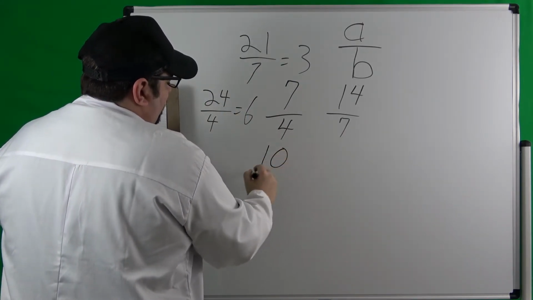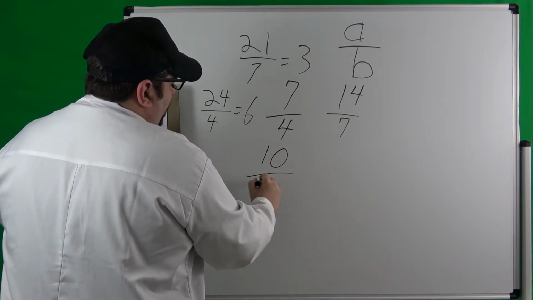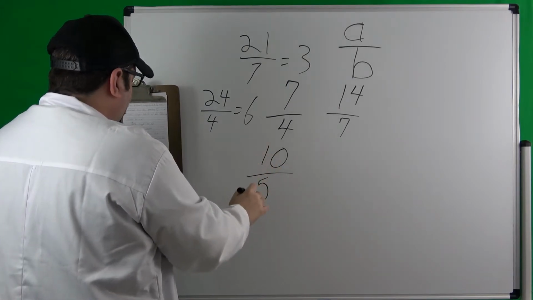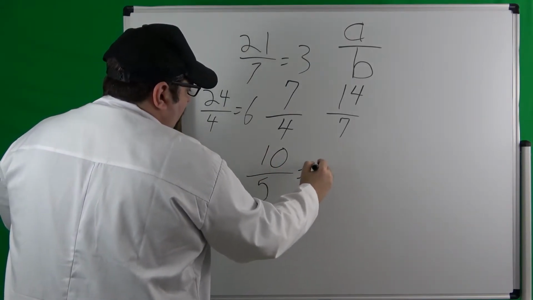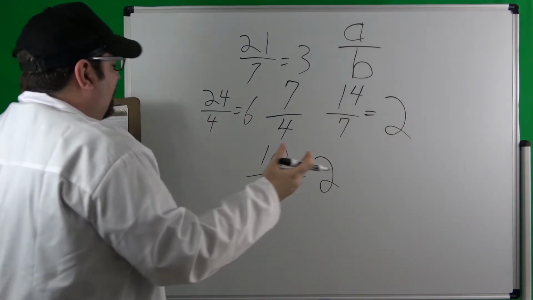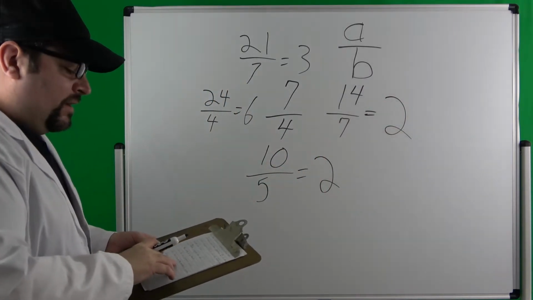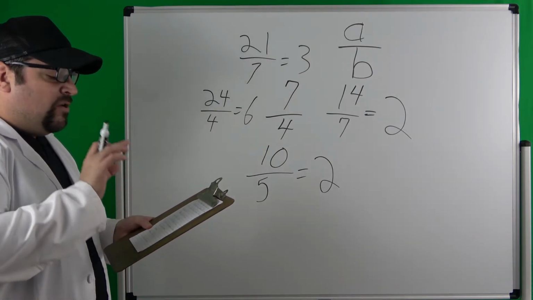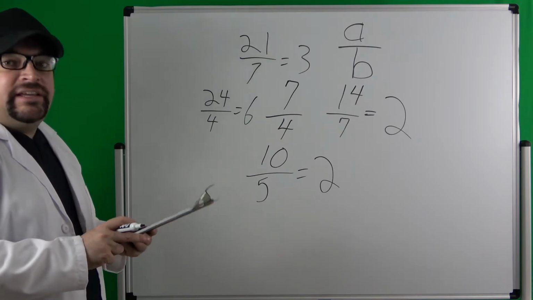What about this? 10 over 5, which is actually the same thing I did up here, but there's an even and an odd, and that also gives us an even. So, therefore, on this one, you would pick D. At least one of the integers is even.